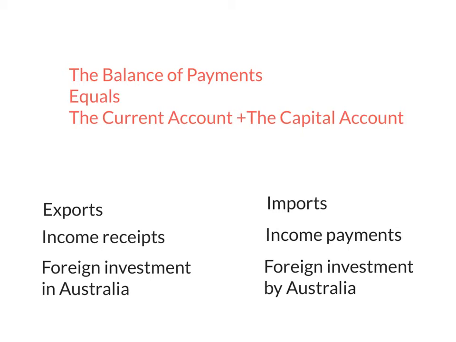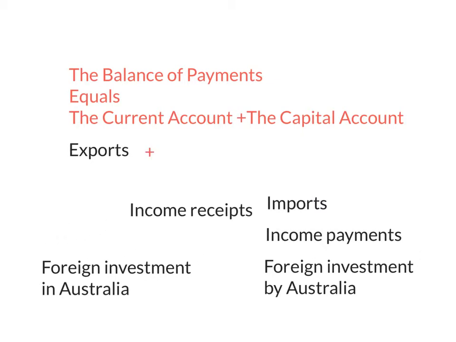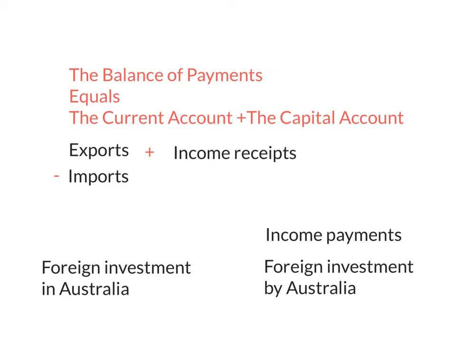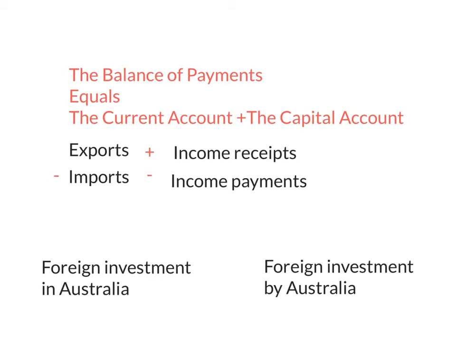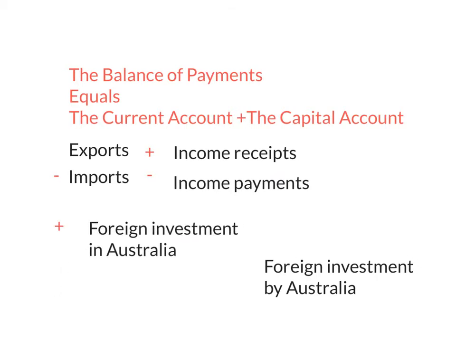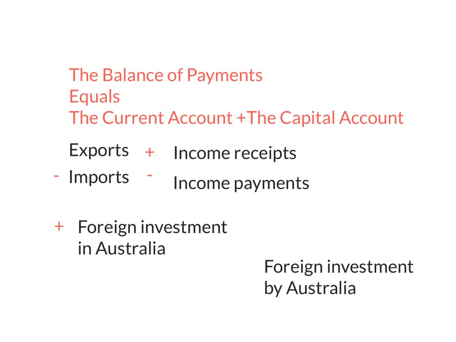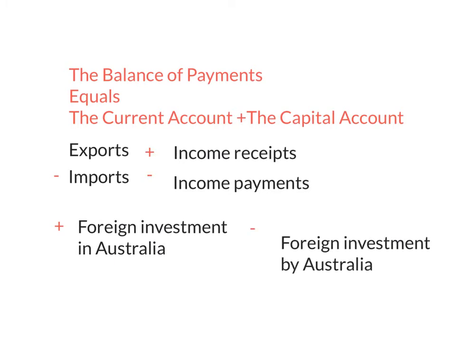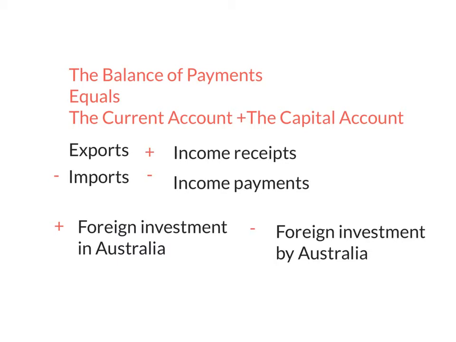Remember that the current account is equal to exports plus income receipts minus imports and minus income payments, while the capital account is foreign investment in Australia, take away foreign investment by Australia.